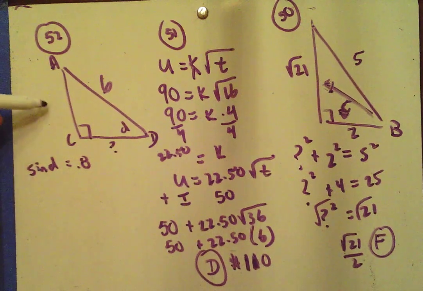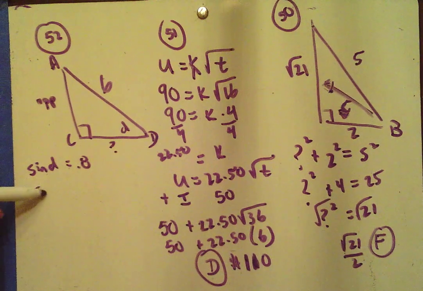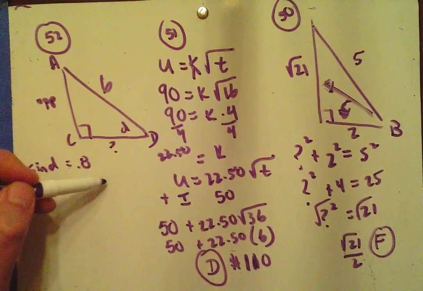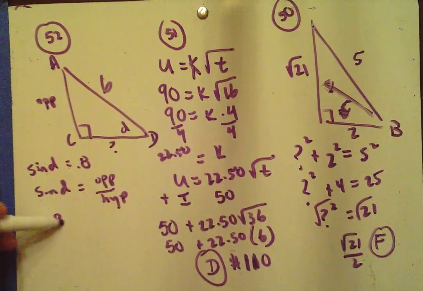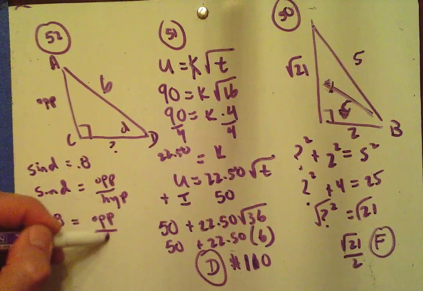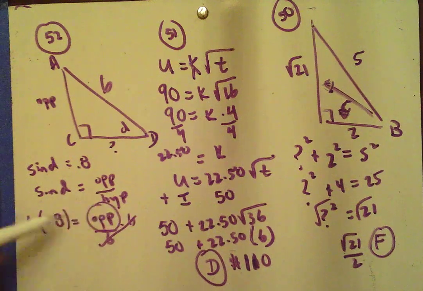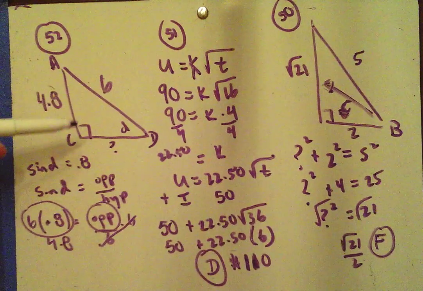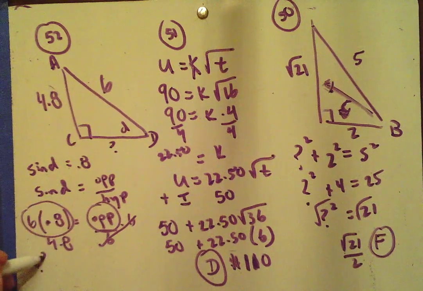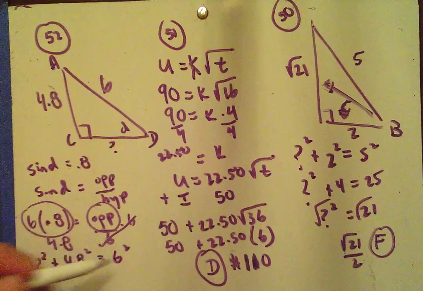And I know sine is opposite over hypotenuse. So if the sine of d should be opposite over hypotenuse, I can say that 0.8 is the opposite over 6. And when I multiply both sides by 6, I get that the opposite side should be 4.8. So this is 4.8. Now I'm looking for CD, and so I can use the Pythagorean theorem. Question mark squared plus 4.8 squared equals 6 squared.